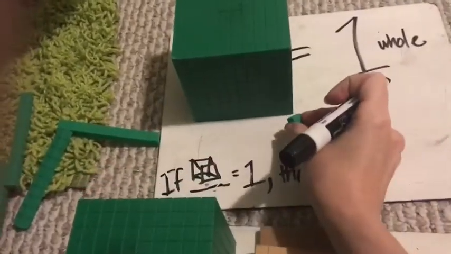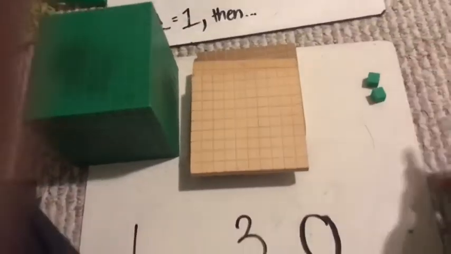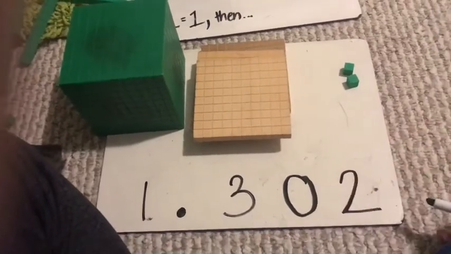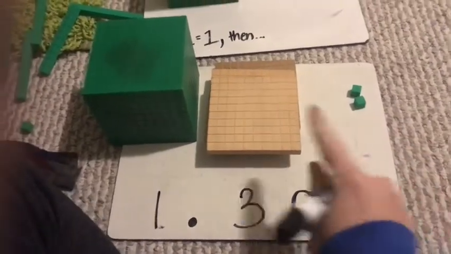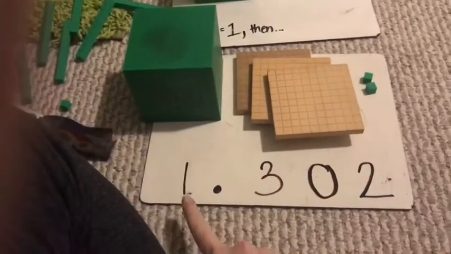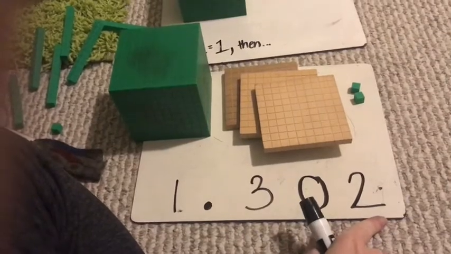This is 1 piece out of 1,000 pieces that make the whole. And I have 2 1,000ths here, 2 thousandths. So I need a 2 in the thousandths place. So this model here would represent 1 and 302 thousandths, okay?